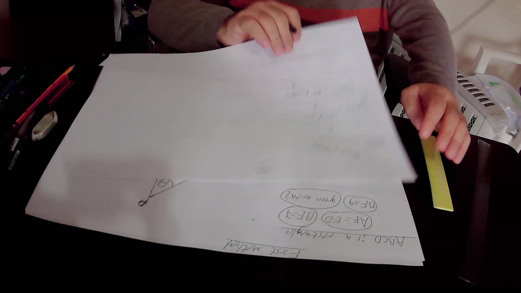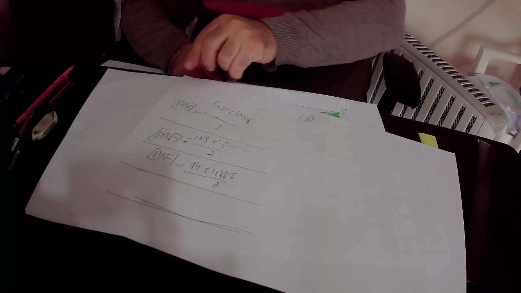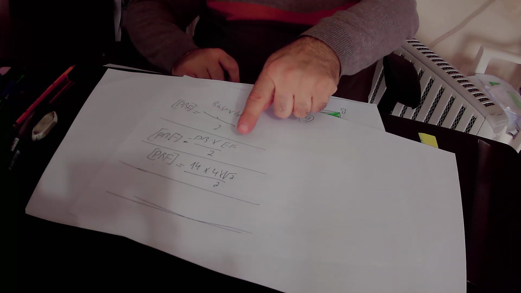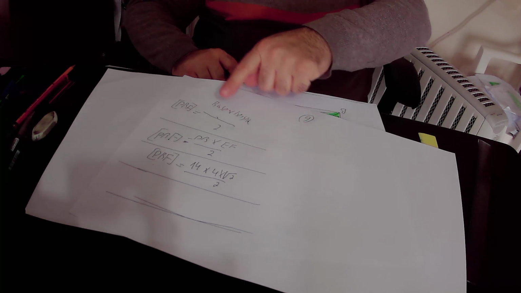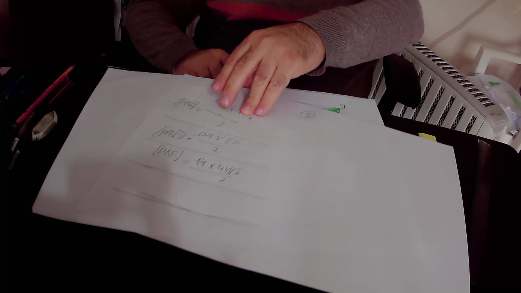So the area of the isosceles triangle PBF, that is also the area of the green shape, equals 14 times 4 times root of 2 over 2. 14 over 2 is 7, so I write it down.